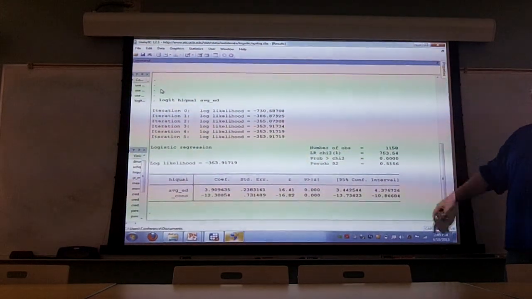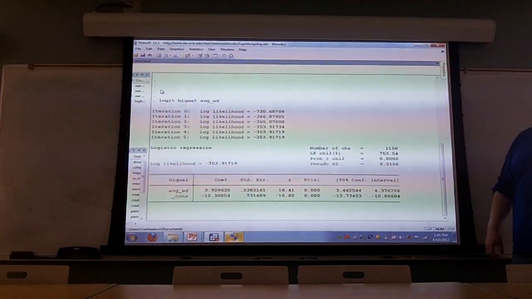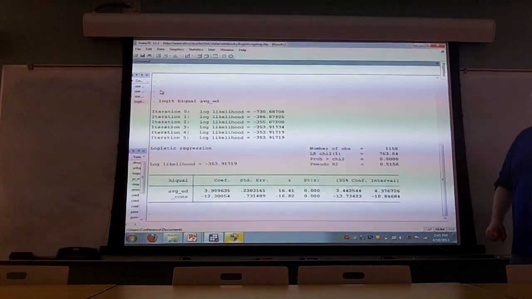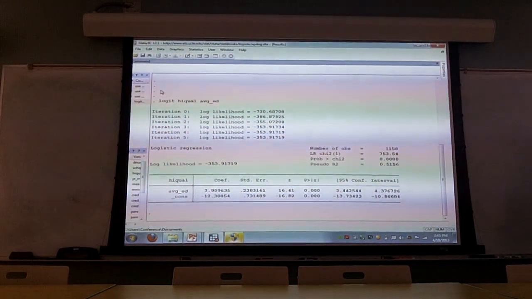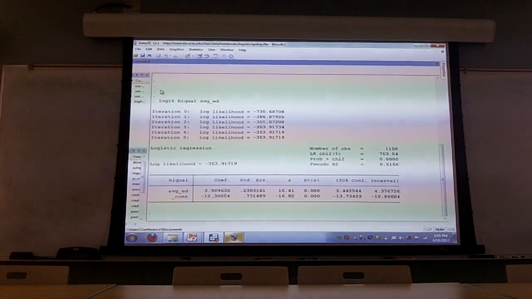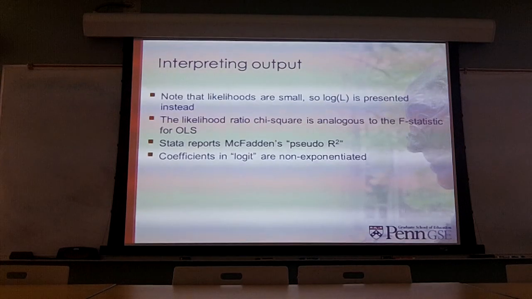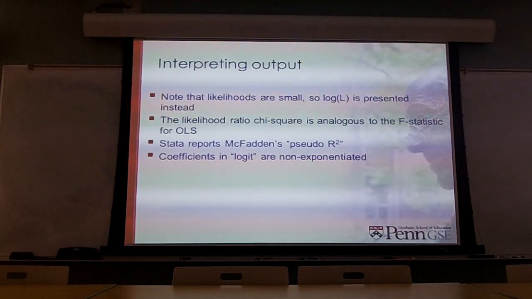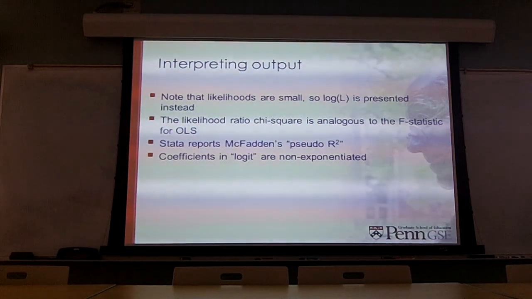And I'm going to point you to a program that we can download from within Stata to get all kinds of stuff. All right. So I'm going to flip back and forth between Stata and the presentation.